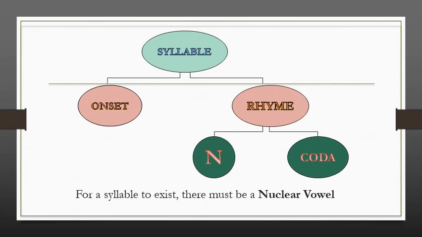But the main point to keep in mind is that for a syllable to exist, there must be a nuclear vowel. There may or may not be the initial and the final consonants in a syllable, but there must be a central vowel as the nucleus in the syllable.